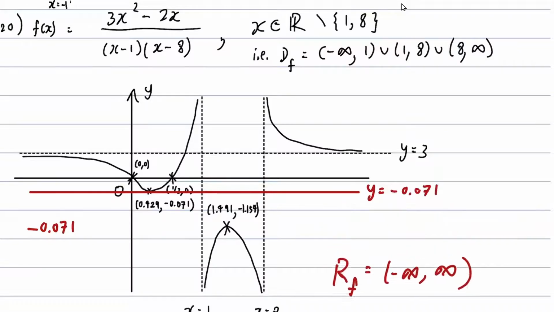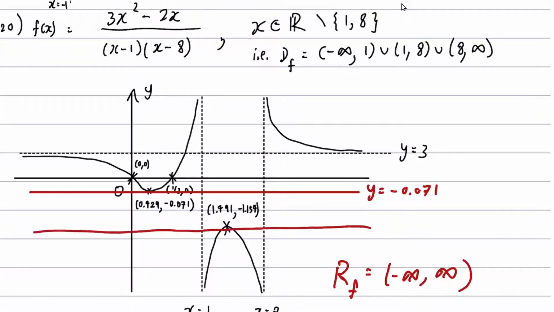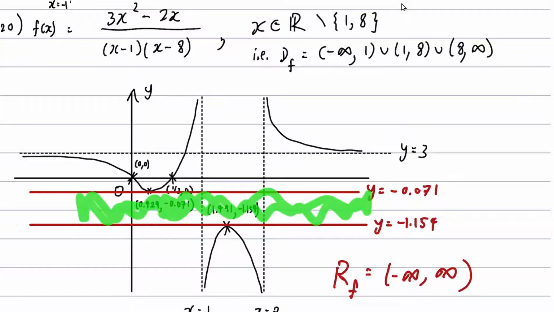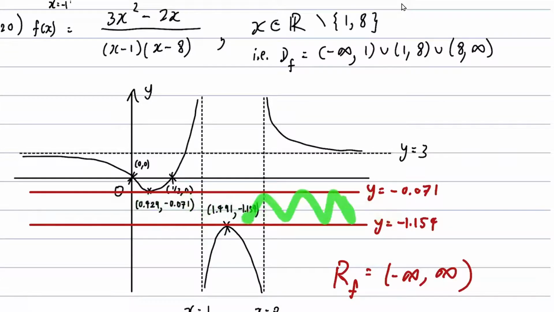And y equals to negative 1.154 is at the bottom like this. Agree so far? So that means that over here, what do you notice? There's nothing here. No graph here. So these values are not allowed. Okay? So what should it be?